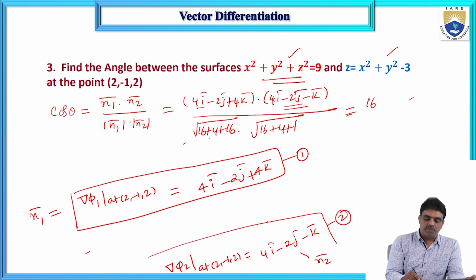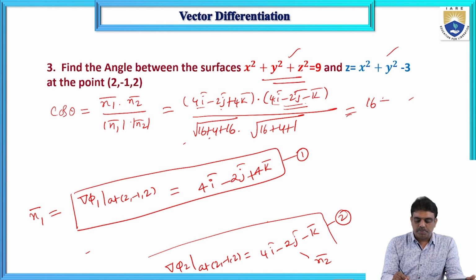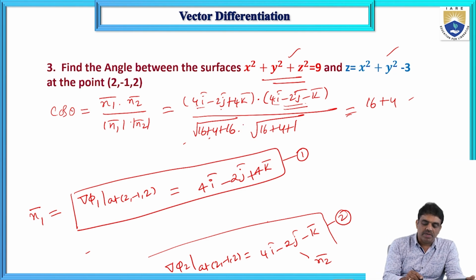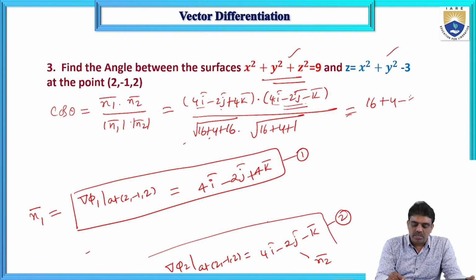So 4i bar dot 4i bar is 16; minus 2j bar dot minus 2j bar, that is plus 4, j bar dot j bar is 1. Similarly, the last one, 4k bar dot minus 1k bar, that is minus 4.